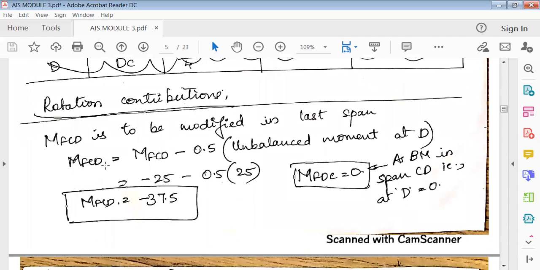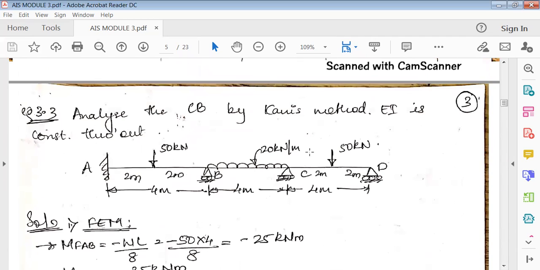So this is the modified MFCD. MFCD is equal to the original MFCD minus half of that, that is, minus 0.5 times the unbalanced moment at D. See here, MFCD is minus 25, minus 0.5 means half of the moment at D. So what we are doing here is adding this moment, that is minus 25, then minus half of this moment.